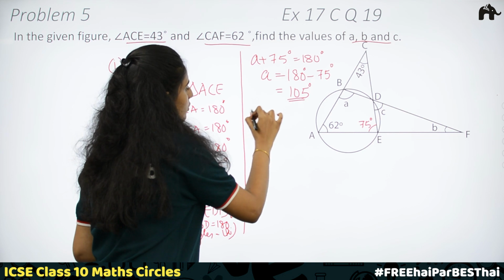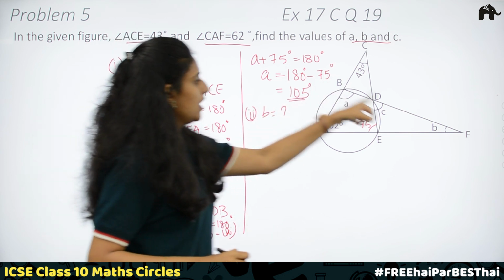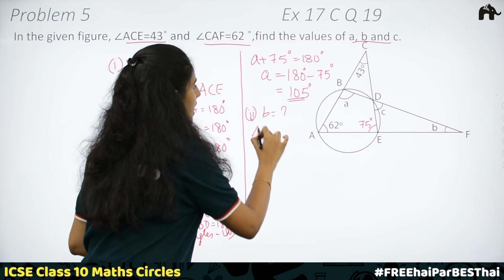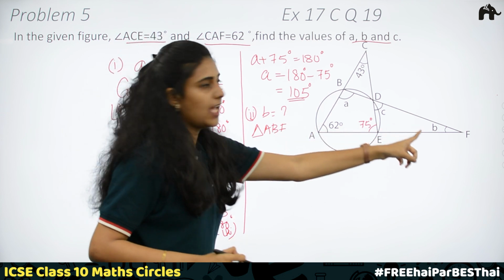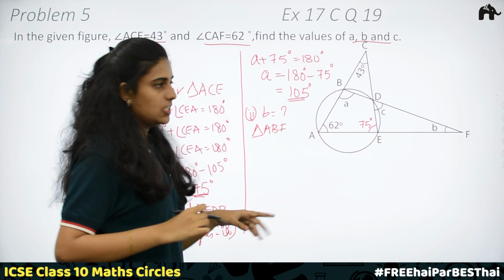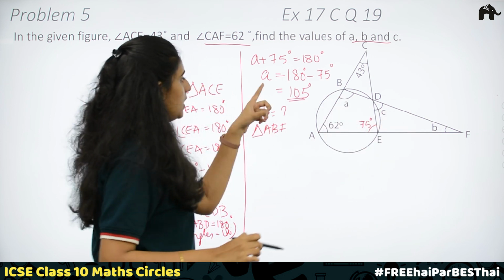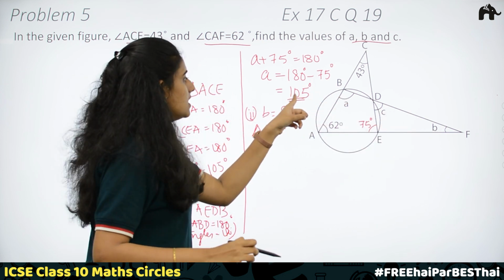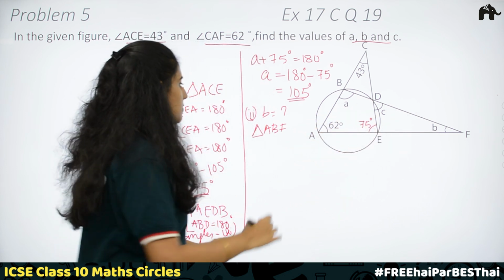Now the second we have to find B. How to find B? When you consider triangle ABF, we know the value of BAF. BAF is equal to 62 degrees. Also we know the measure ABF. ABF is angle A and that is equal to 105 degrees. We can find the value of B. Yes.